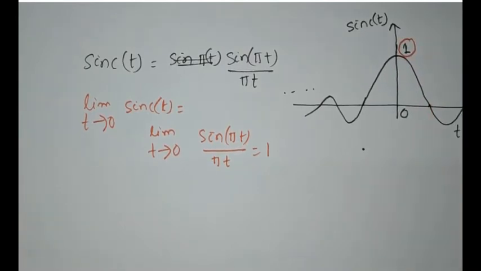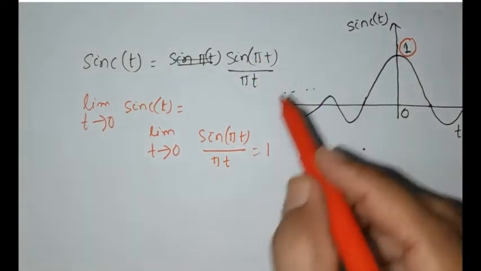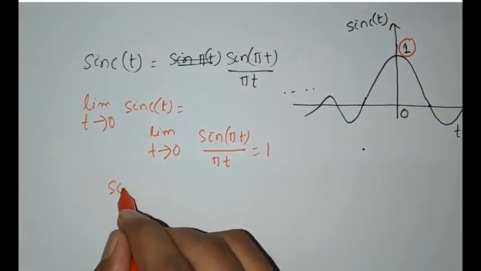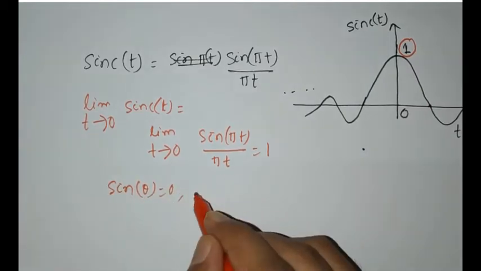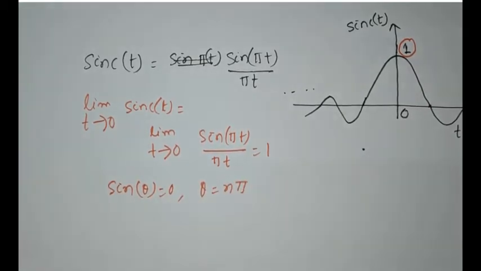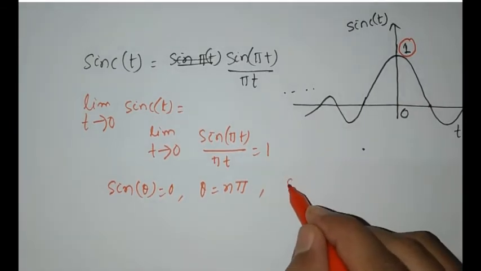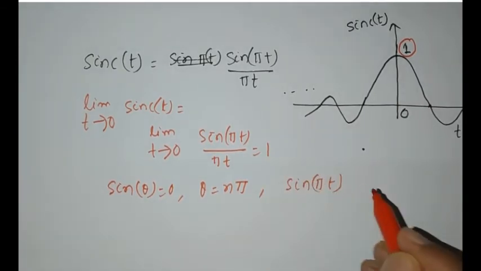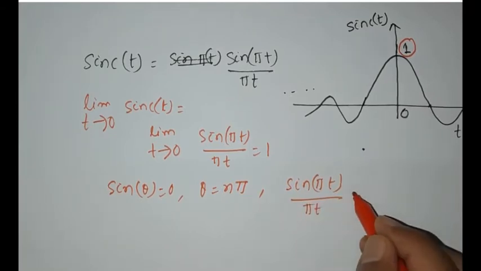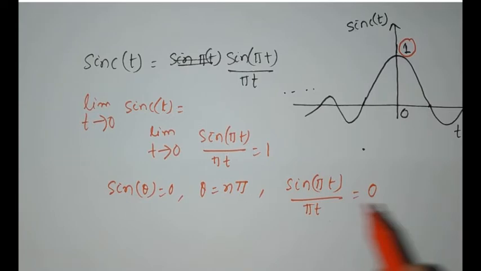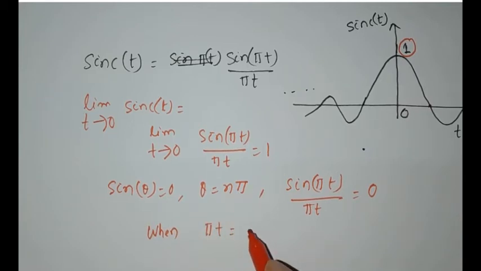Then what is this value? You all know that sin theta equals 0 when theta is n pi. Now we can write that sin pi t by pi t equals 0 when pi t equals plus or minus n pi, pi cancels, so t equals plus or minus n.